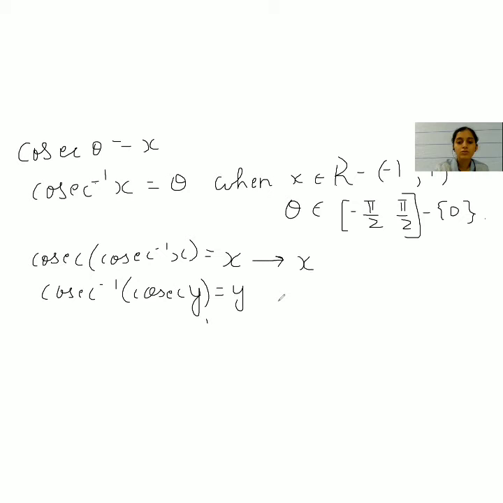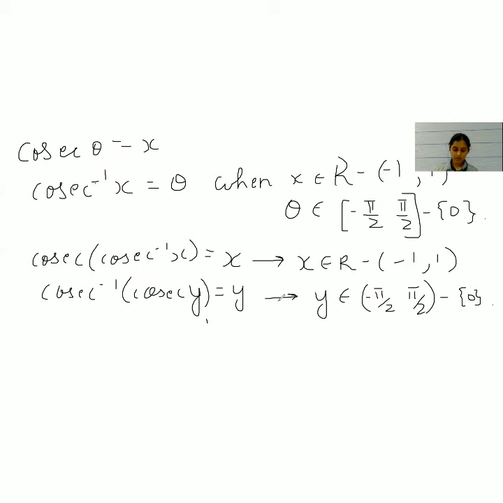Here x should belong to R minus 1 comma 1, and y should belong to theta values, that is minus pi by 2 to pi by 2 minus 0. So it should not include 0. And R minus means the infinity values are open-ended, they are excluded from cosec inverse real values. That is why we write it in this format. Okay, that is cosec inverse.